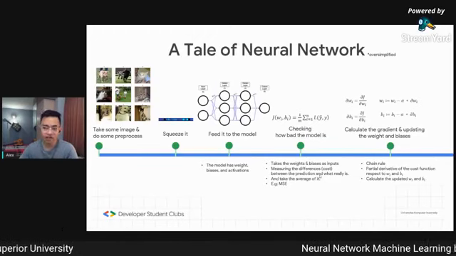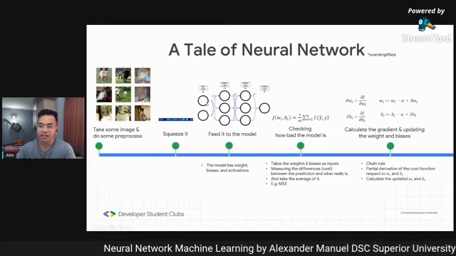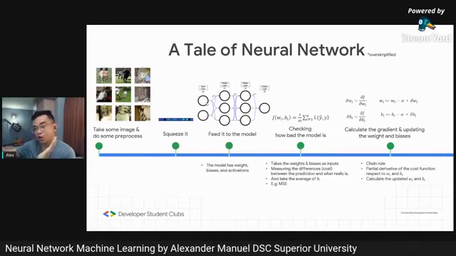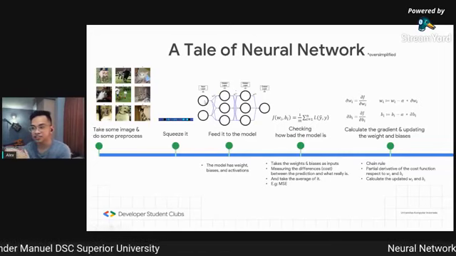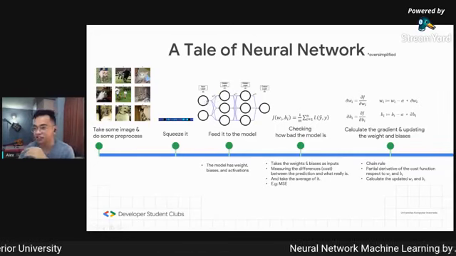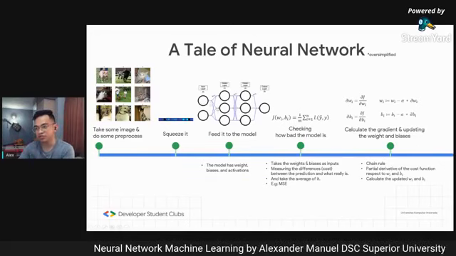There's a lot going on here in the model, where the value will be fed forward to the next hidden layer. You can see the cursor. So it feeds forward to the next neurons, and then to the next neurons.